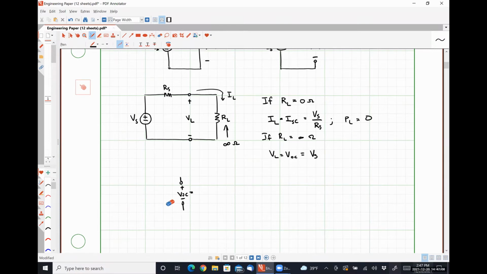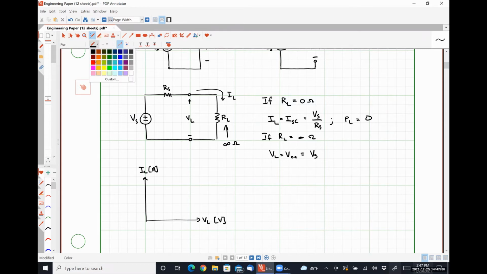So from those two data points, we can actually develop a graph. It's called a load line graph, where we plot IL measured in amps versus VL measured in volts.